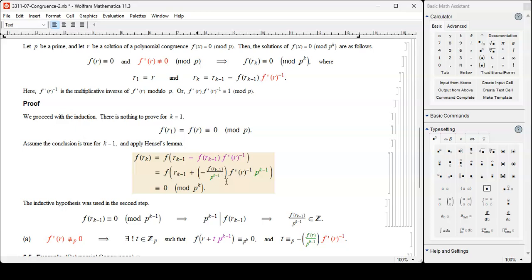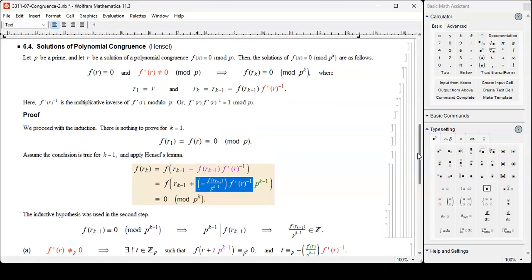But division makes sense because of the inductive hypothesis. And then everything is okay. By Hensel's lemma, this is 0 for this thing is t. And that's basically what we have over here.